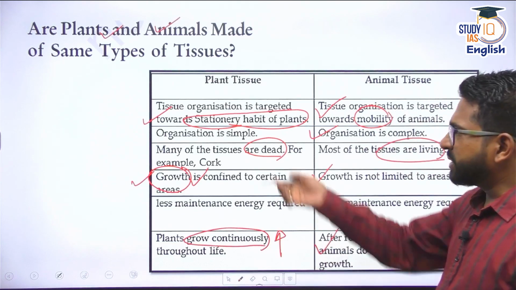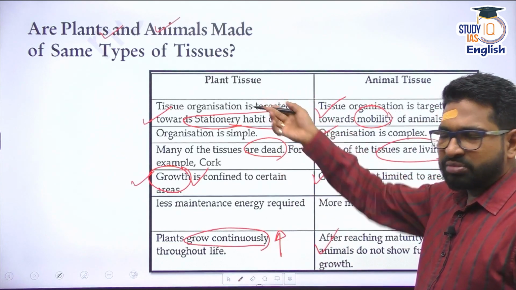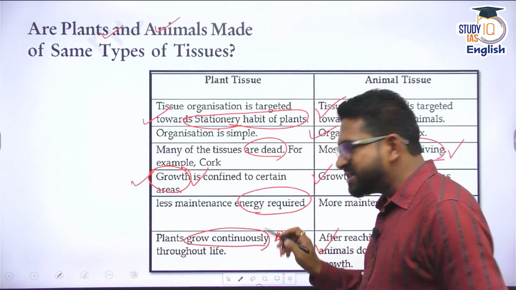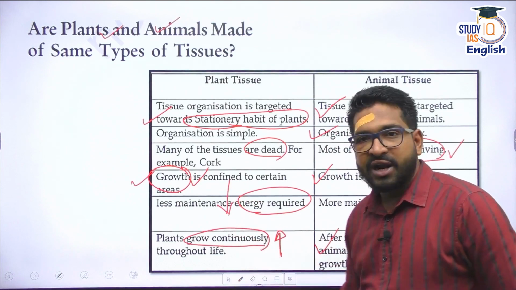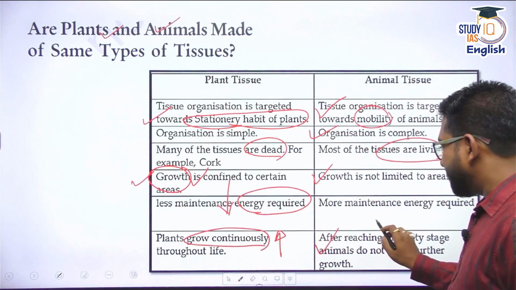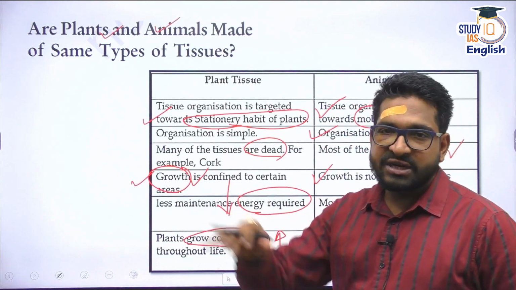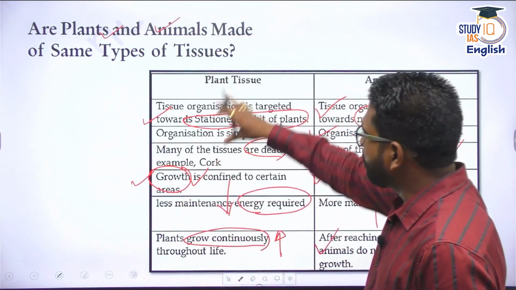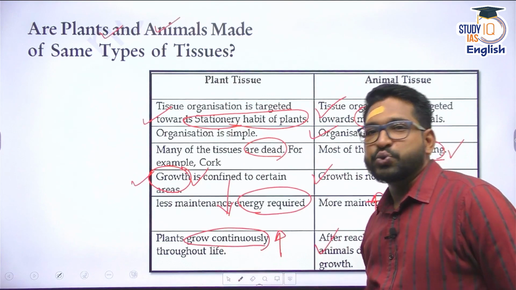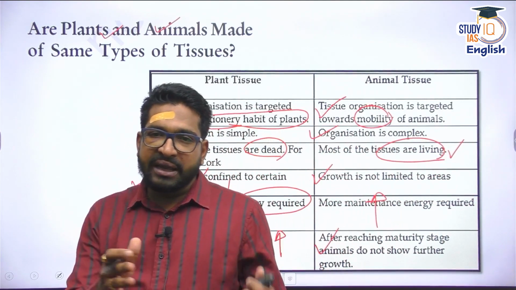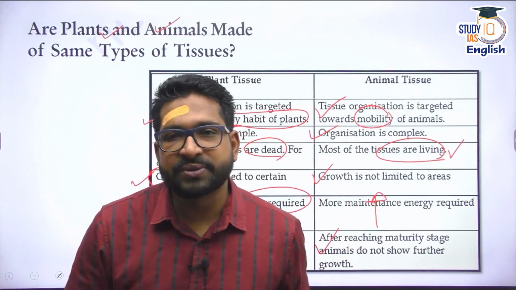Apart from that, since plant tissue helps in stationary habits, the energy required for maintenance of these tissues is rather low. And for humans and animals, the energy required for maintenance of these tissues is quite higher. That's the basic difference. And today's interaction is about understanding these plant tissues, which help a plant in growing and in maintaining that stationary growth.